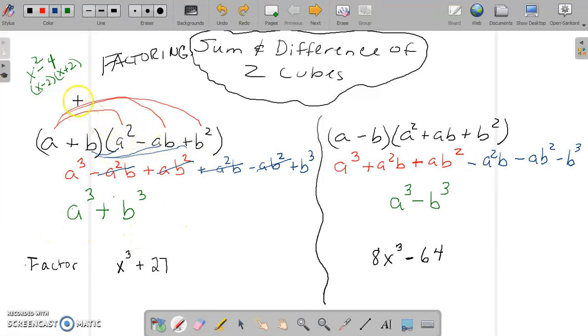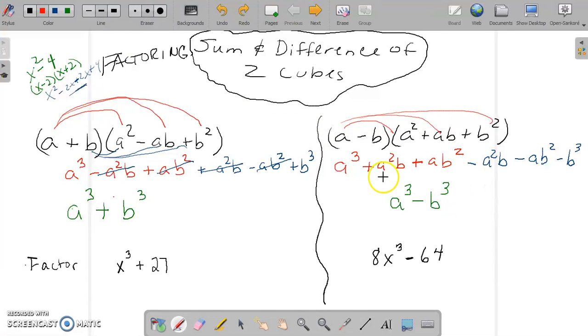Just like with this, when you multiply this out, you get x squared minus 2x plus 2x plus 4, where those middle terms cancel each other out. The same thing is happening here. Over here, if you've got a subtraction one, it works very similarly. Here, in red, is the a times every single term.